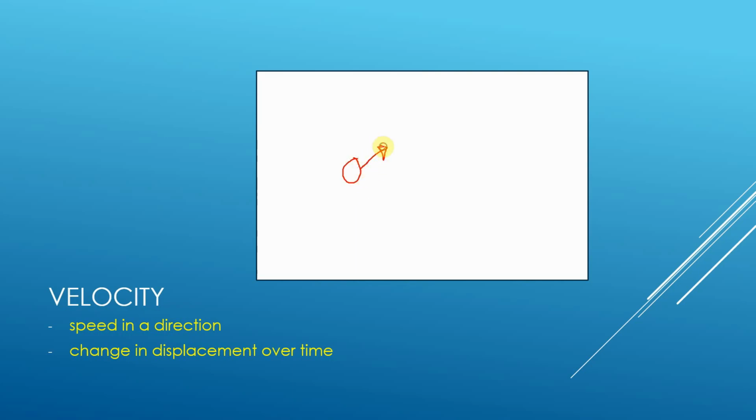I can talk about it as moving in this direction. I can break it down into its x and y components of that motion. And all I'm going to do is each time around my main game loop, I'm going to add that on, add that on, and then it's going to move.